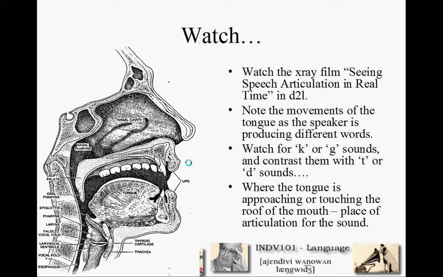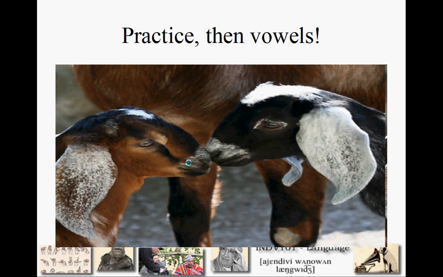Where the tongue is approaching or touching the roof of the mouth, that's the place of articulation for the sound. So this is a moving visual that will help you understand a little bit more about places of articulation. Alright, so give that a little practice, and then when you have done that, come back and listen to the lectures on vowels.